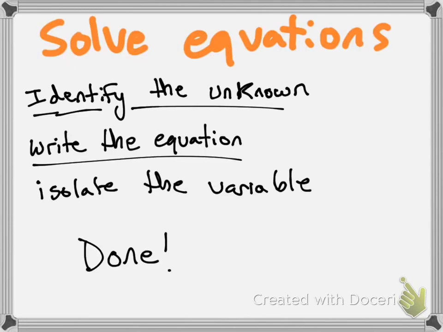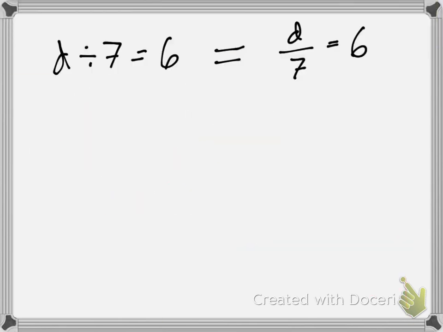So we identified the unknown. We already know that it was given. Write the equation was given, so we need to isolate that variable. How am I going to isolate that variable? What am I going to do to this equation to get it down to D equals some number? So the answers I got were flip, divide, multiply.